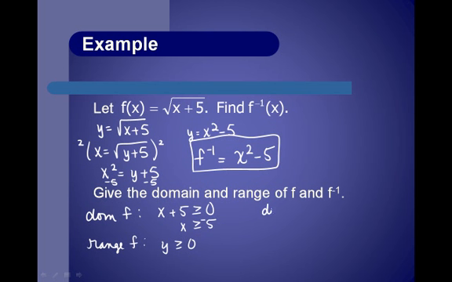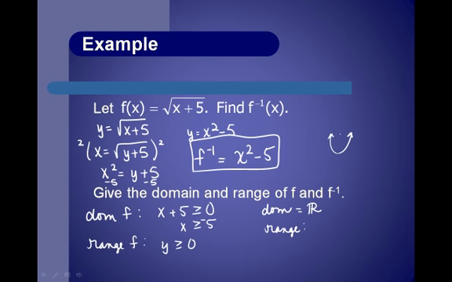Now when we talk about the inverse function, if f inverse is x squared minus 5, the domain would be all real numbers, because we could plug whatever we wanted in for x. And the range, well, x squared is going to be a parabola opening upward.